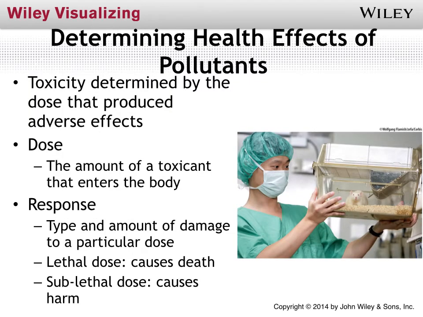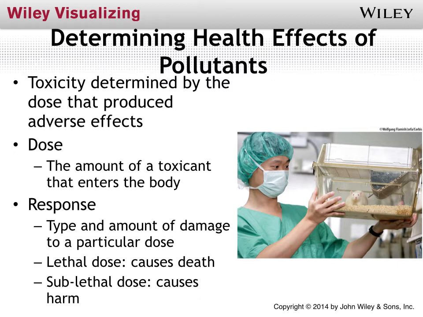So how do we actually determine the health effects of pollutants? Toxicity itself is determined by determining the dose that starts to produce some sort of negative or adverse effect. Dose is defined as the amount of a toxicant that enters the body, and the response is defined as the type and amount of damage that body receives to a particular dose of a chemical or toxicant.